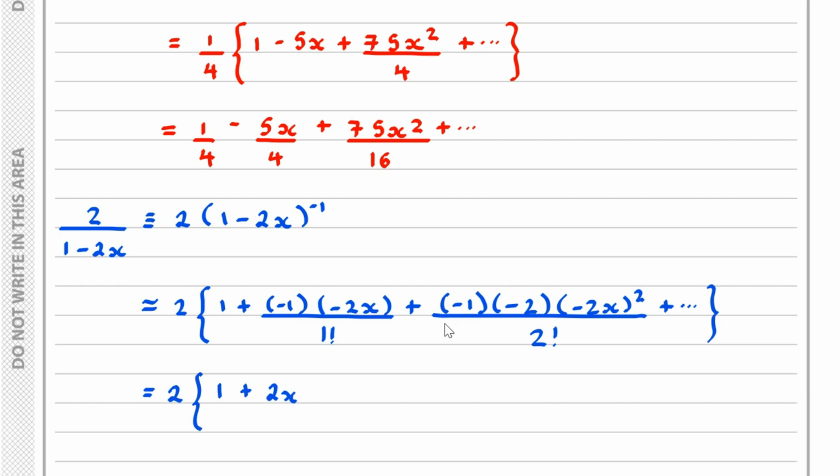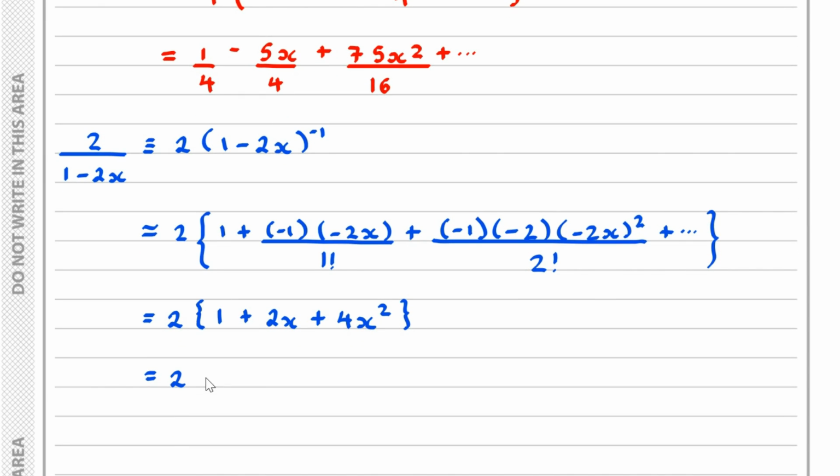So that will be 4x squared. So if we expand all of this out, we end up with 2 plus 4x plus 8x squared.